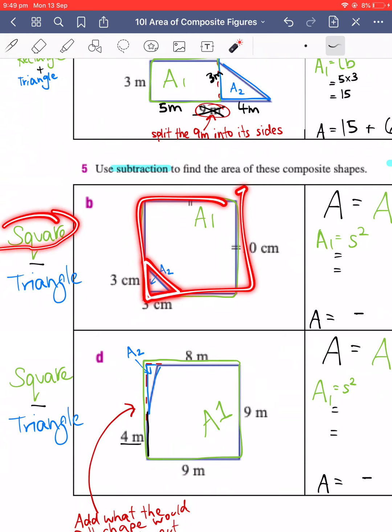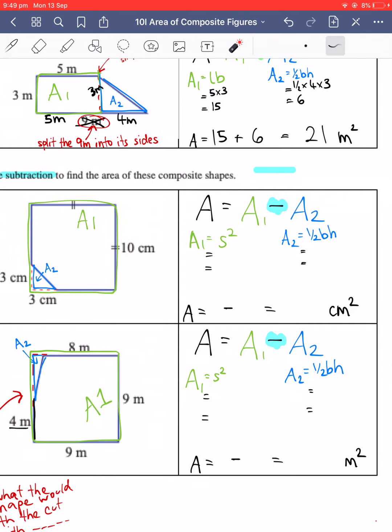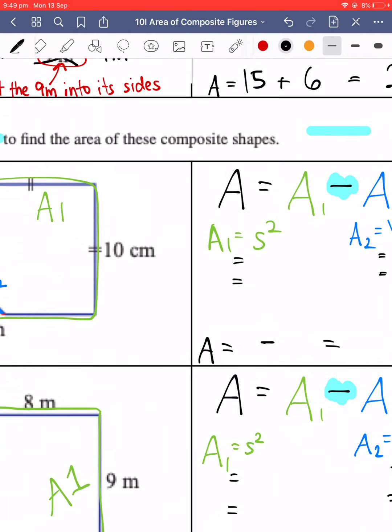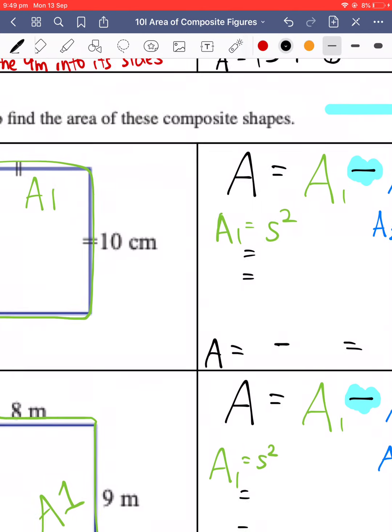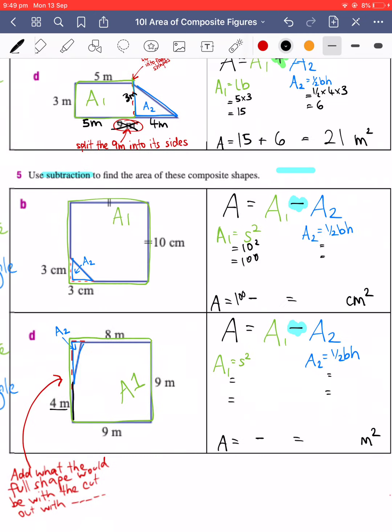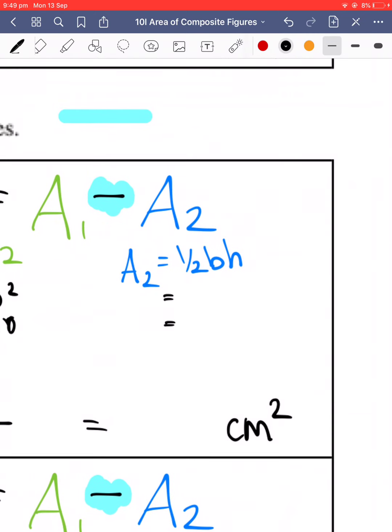So I have my square and I minus my triangle from it. So again, just substitute it straight in. I'm going to do this one a bit slow just so you can see. So I had my side, which was 10 squared. So that gives me 100. So it'll be 100 minus whatever I end up with for my triangle.